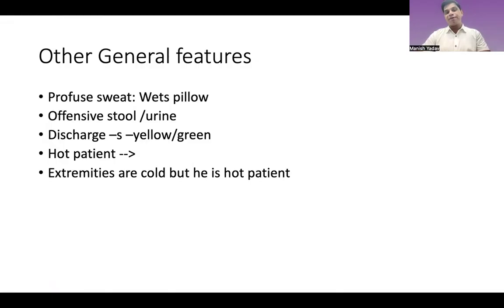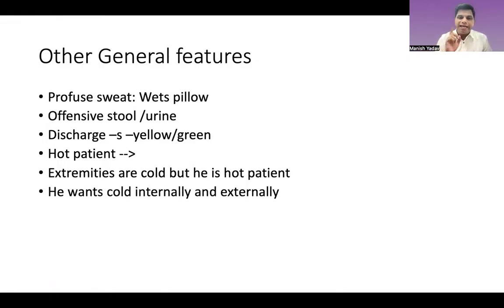Now this is interesting. The body is very cold. So when you touch his extremities, they are cold. But if you ask the patient, they are very hot. They can't tolerate heat. This is a contradictory feature of Medorrhinum. He wants cold internally and externally. So this is strange, right?